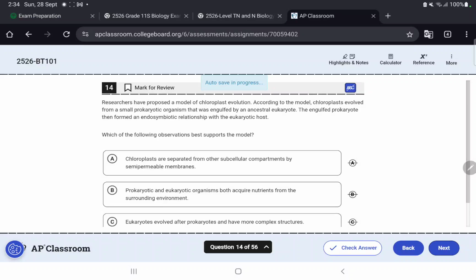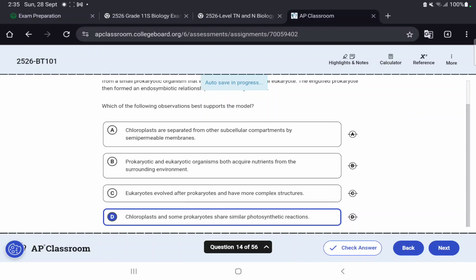Next. Researchers have proposed a model of chloroplast evolution. According to the model, chloroplasts evolved from a small prokaryotic organism that was engulfed by an ancestral eukaryote. So remember how chloroplasts evolved? We had a eukaryote that ate an autotrophic prokaryote to get chloroplasts. What best supports the model?